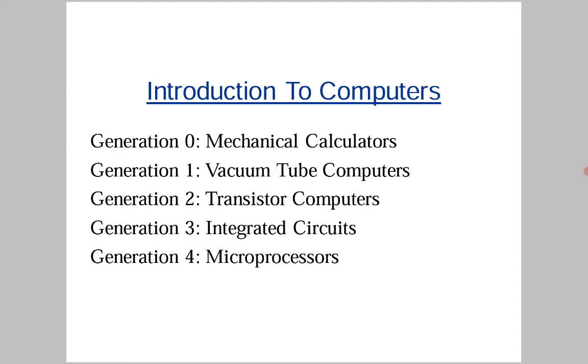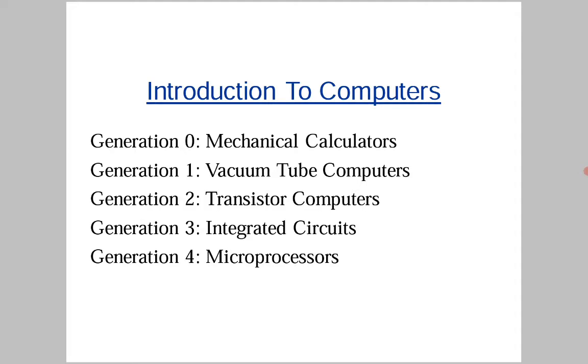In generation 2 transistors are introduced. In generation 3 ICs, integrated circuits, are introduced. In generation 4 microprocessors are introduced.